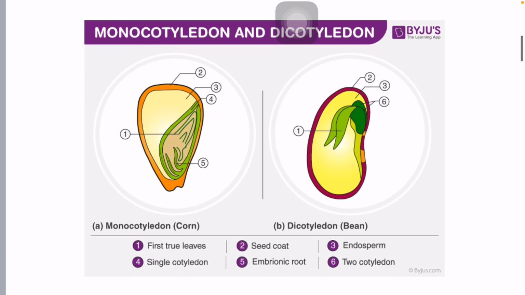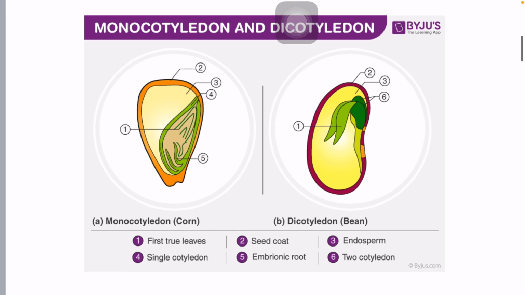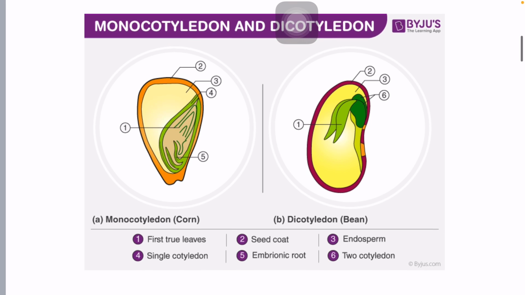This is the example diagram of the seed, monocotyledon and dicotyledon. As we can see, the monocotyledon seed, for corn, has the first true leaf. Secondly, we can see the seed coat and there is endosperm, and it contains a single cotyledon and embryonic root.